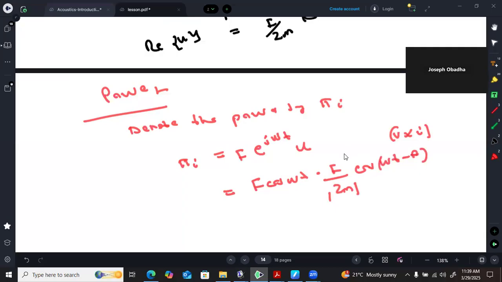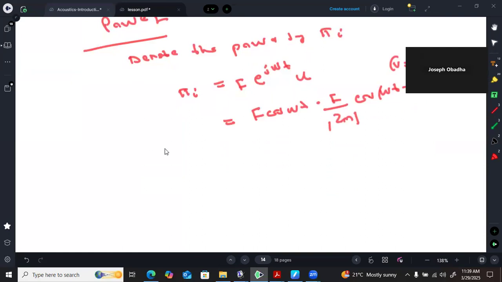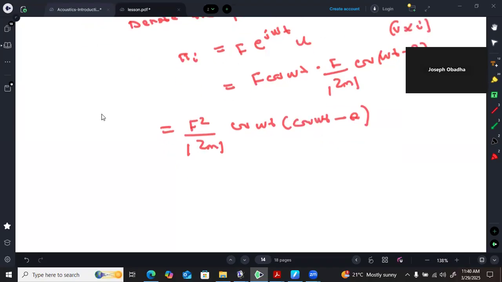And if we simplify this one, then we get F squared over Zm cos omega t times cos(omega t minus theta). And the average power, actually the average power is more important.